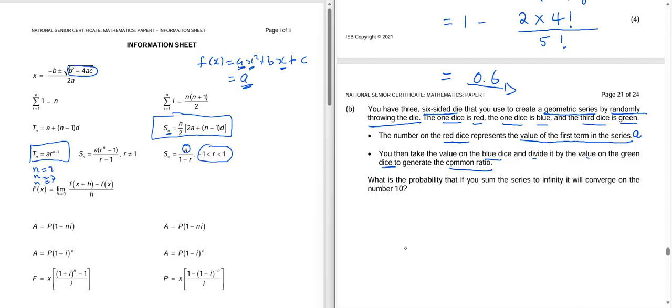Now, this is just an example for the geometric series that we are forming with this puzzle. Let's say, for example, this is our red die, this is our blue die, this is our green. This is a possible outcome that could happen.